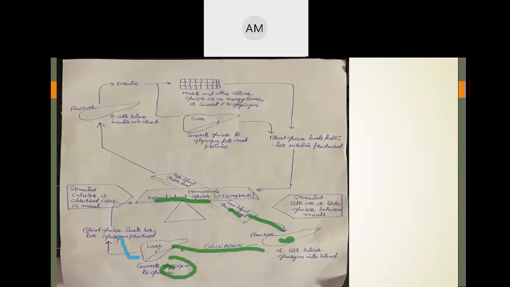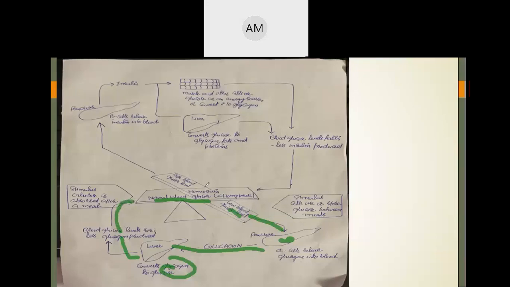So when the liver gets a signal, it starts producing glucose from glycogen, and in this process the blood sugar level returns to the normal values. Blood glucose levels rise and they come to their normal levels.